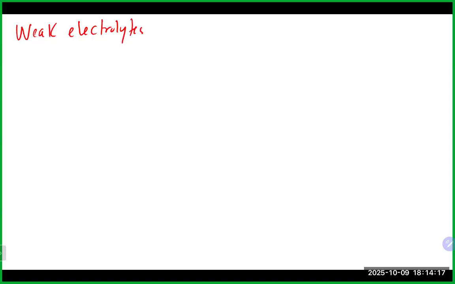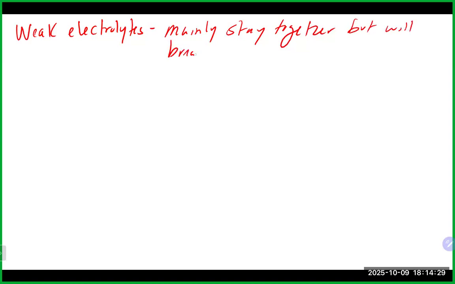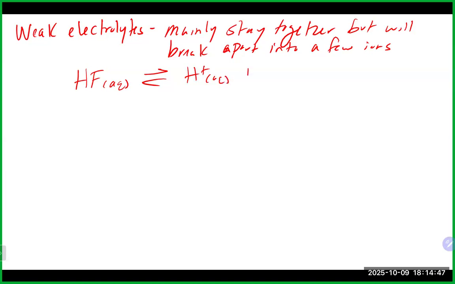And weak electrolytes are a little bit different. They actually mainly stay together, but will break apart into a few ions. So for example, if you take hydrofluoric acid, it will break apart into H plus and F minus. Now, different than hydrochloric acid, hydrofluoric acid is actually a weak acid, and it's a weak electrolyte.